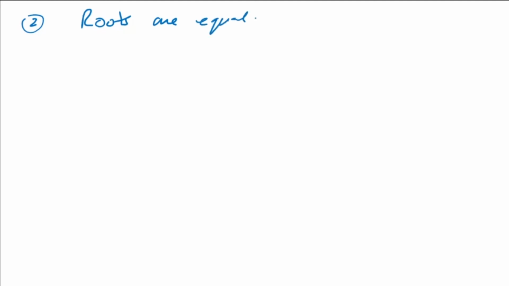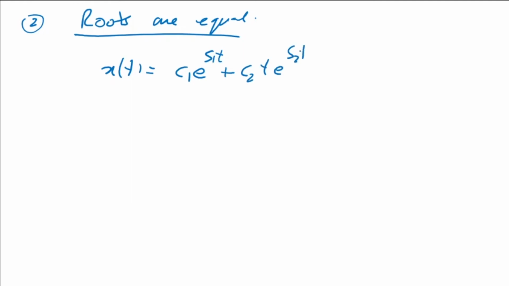Now if the roots are equal, then we get our solution of the form x(t) = c1 e^(s1 t) + c2 t e^(s2 t).